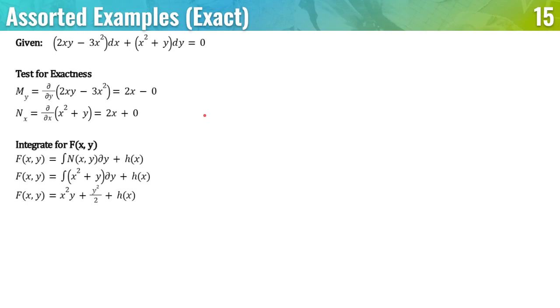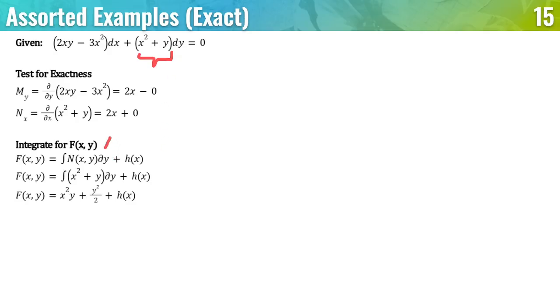So proceeding, the first step for the test for exactness is to integrate for f of x, y. So choose something that is easier to integrate, and personally I choose this one. It's easier than the other side. So we integrate this with respect to dy.